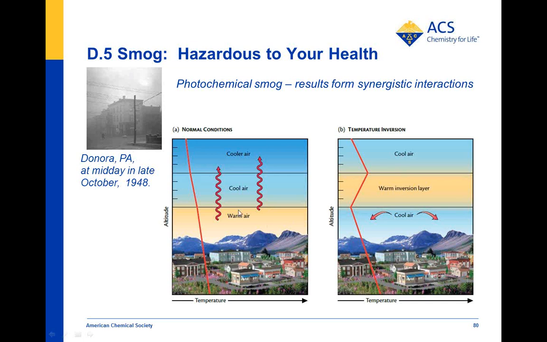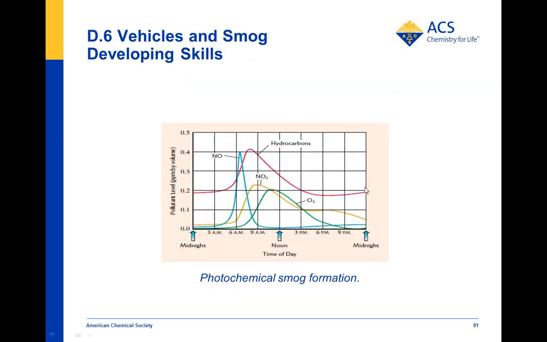But then there's a different way for students to look at graphs. So we can see temperature and altitude, and we can see what's happening with the cool air and then the inversion layer trapping this air. And we talk about synergistic, and we talk about the interactions of the air.